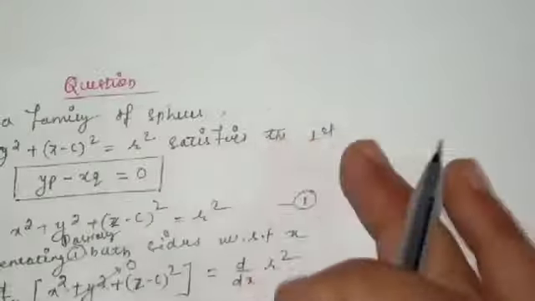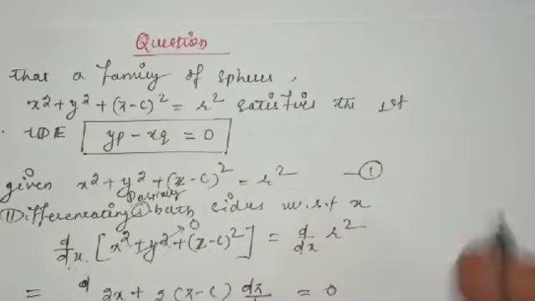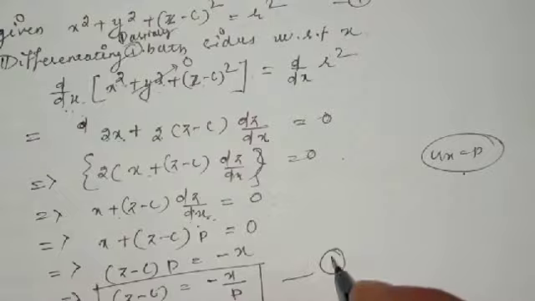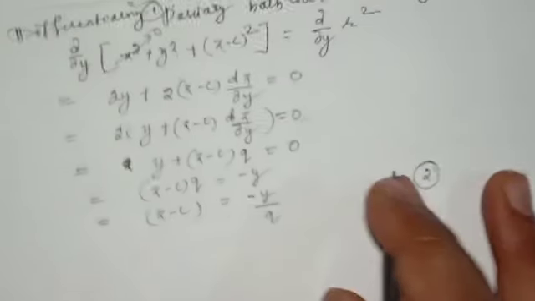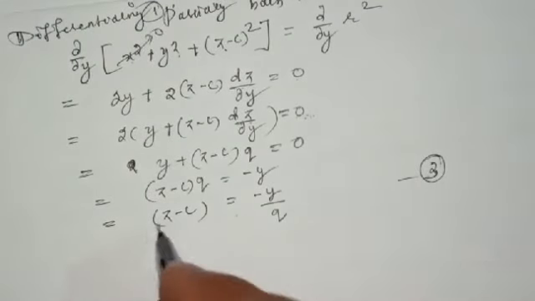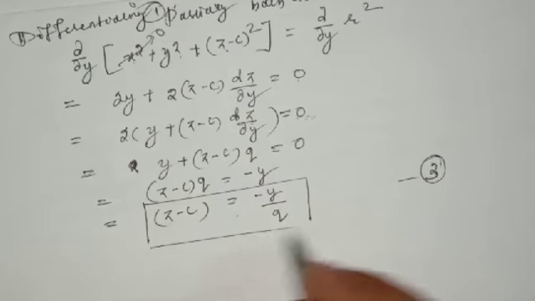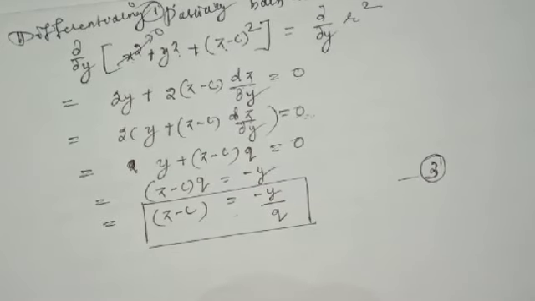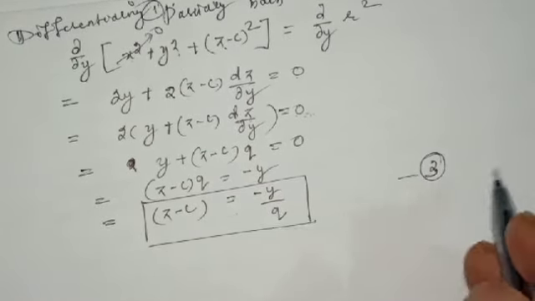Sorry, this one is equation 1, this one is equation 2, and this one is equation 3. So here we got the value for x and y.